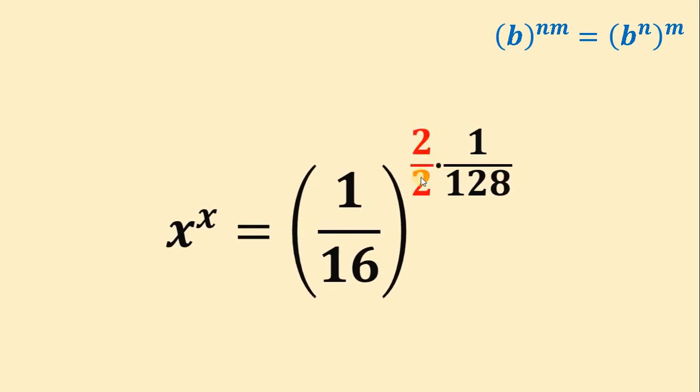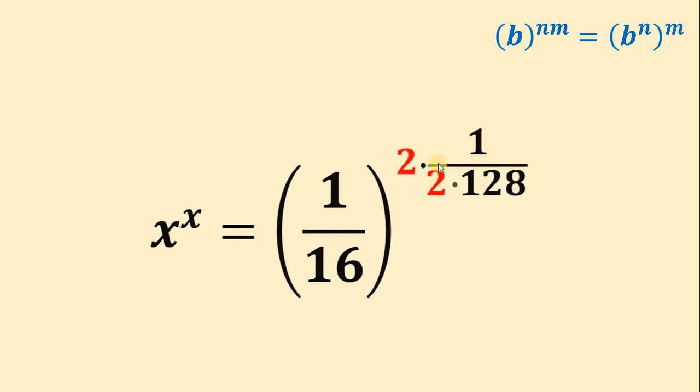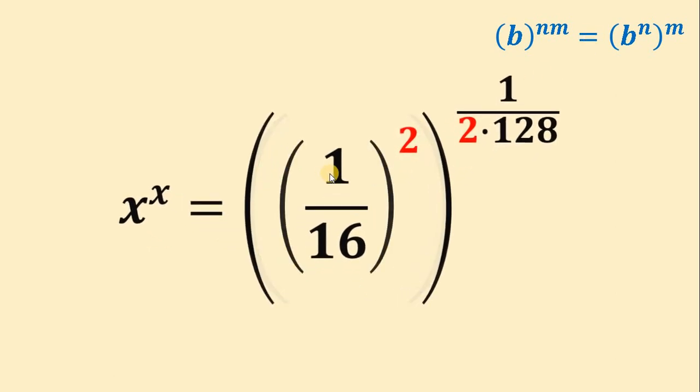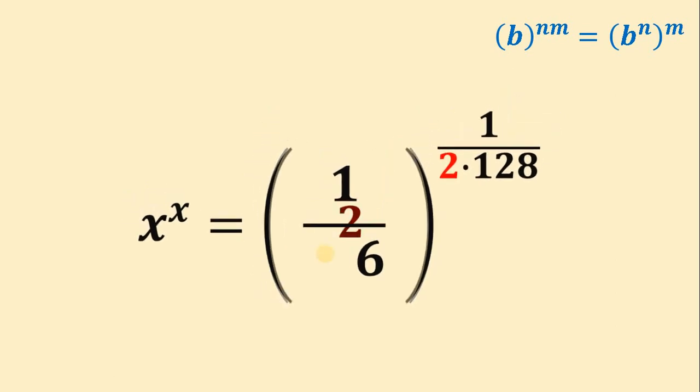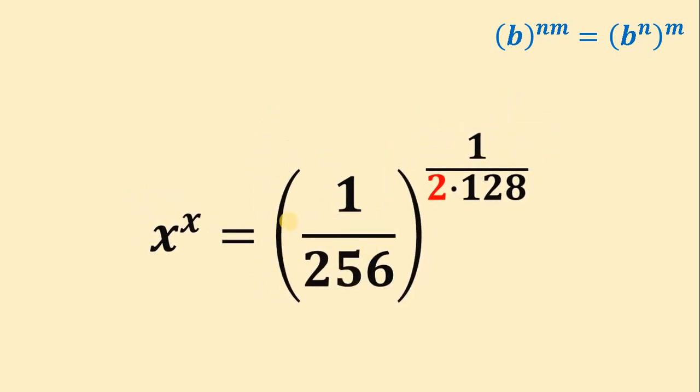So we multiply by 2 over 2. This can be written as 2 times 1 over 2 times 128. And again, using this identity, this can be written as 1 over 16 raised to the power of 2, raised to the power of 1 over 2 times 128. Now, 1 over 16 raised to 2 is just 1 over 16 times 1 over 16, or simply 1 over 256.